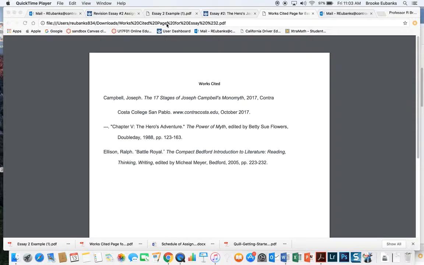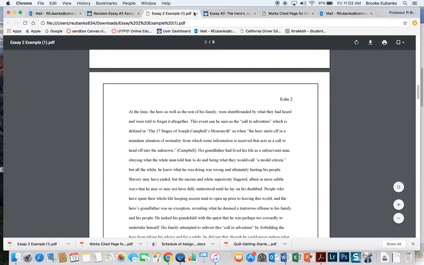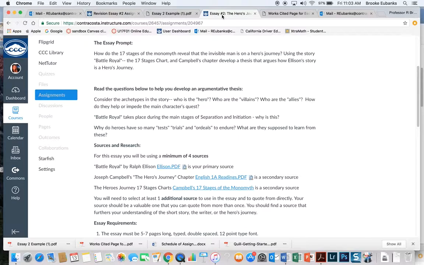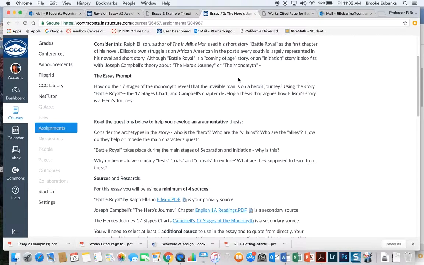And what that means, and it's really one of the most important things in an essay, is that you're actually digging into the story, you're digging into the hero's journey chart, and you're digging into Joseph Campbell's chapter to really explore these two sources, or three sources rather, and how they fit together, and how one source, particularly the Joseph Campbell information, helps to illuminate what is happening to poor Ralph Ellison in his struggle in Battle Royal.